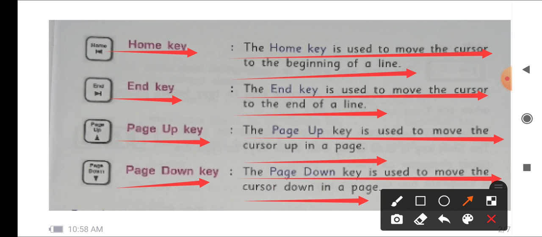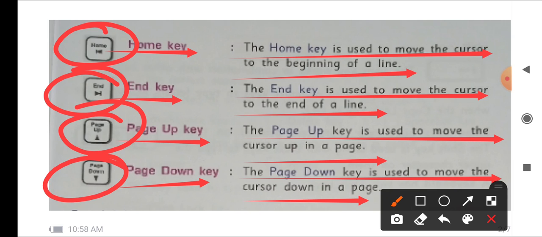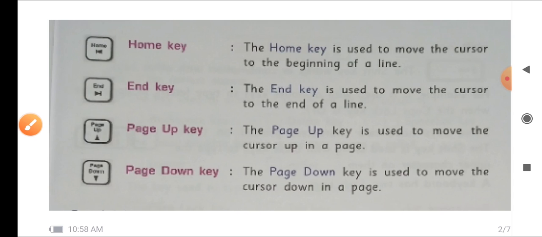If you want to move your cursor down in the particular page, then you have to press page down key. These are the various keys: home key, end key, page up and page down. These are 4 different keys.